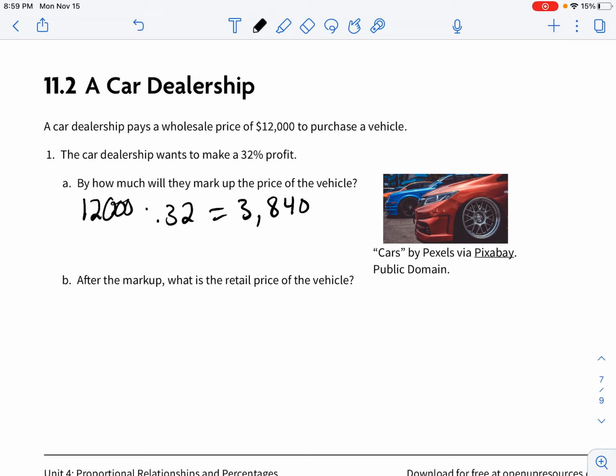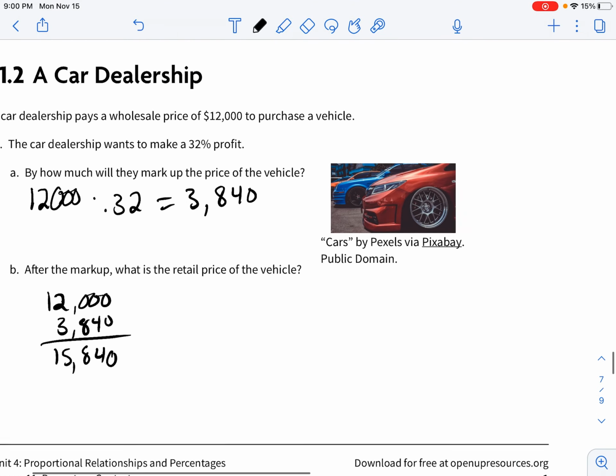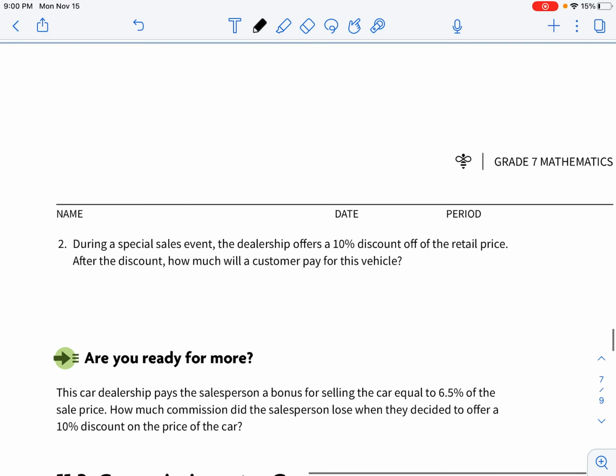So after the markup, what is the retail price of the vehicle? So we just add that 3,840 to the original price. And when we do that, you get $15,840. So that's what they're selling the car for. Okay. So now we're going to keep using this as 15,840.